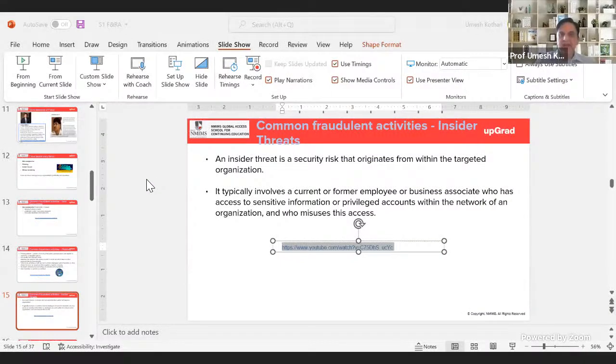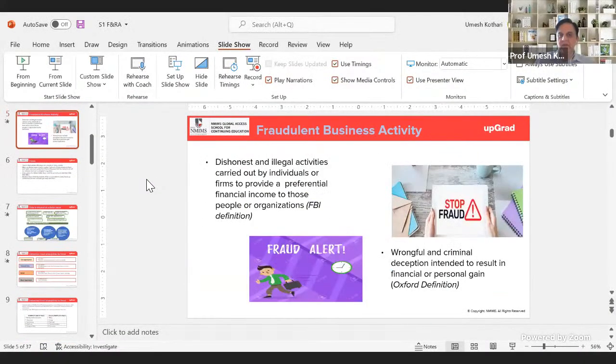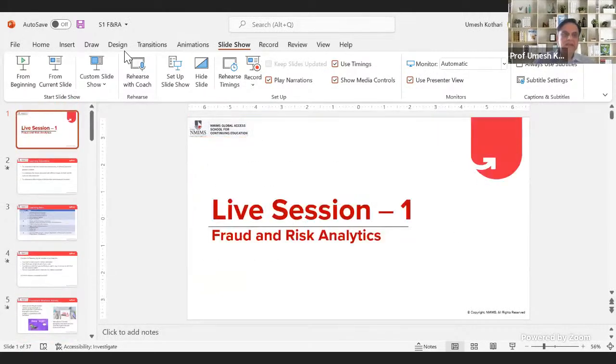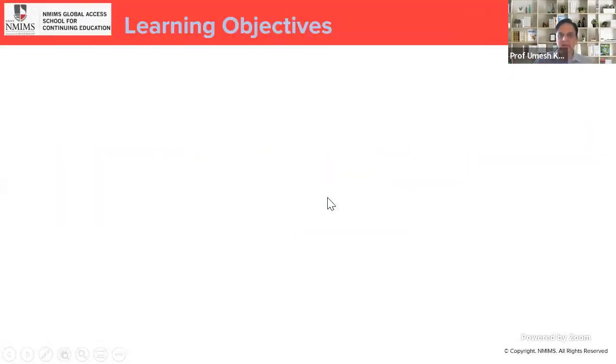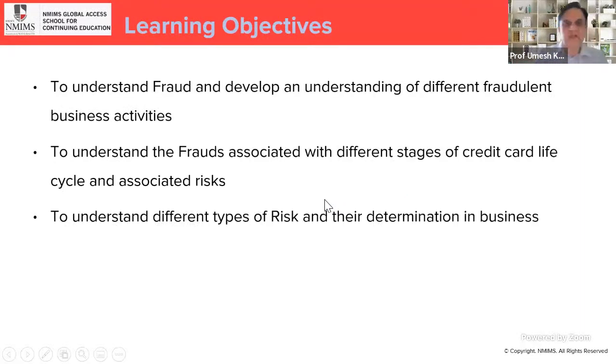So very, very quickly, guys, what are the objectives? These are as per the course outline shared, as well as what you would have gone through in your learning modules. This is just to summarize what we are going to be covering as far as the learning objectives are concerned. First of all, as I said, we want to understand this beast called fraud. We want to understand what it takes to prevent it, but before we prevent it, we want to understand it, and therefore the risk that it takes to detect fraud and therefore to prevent it.